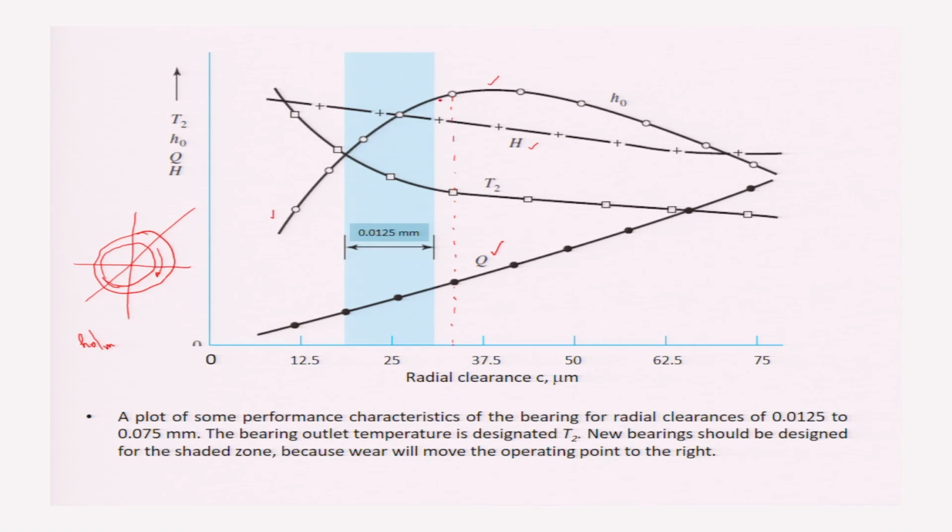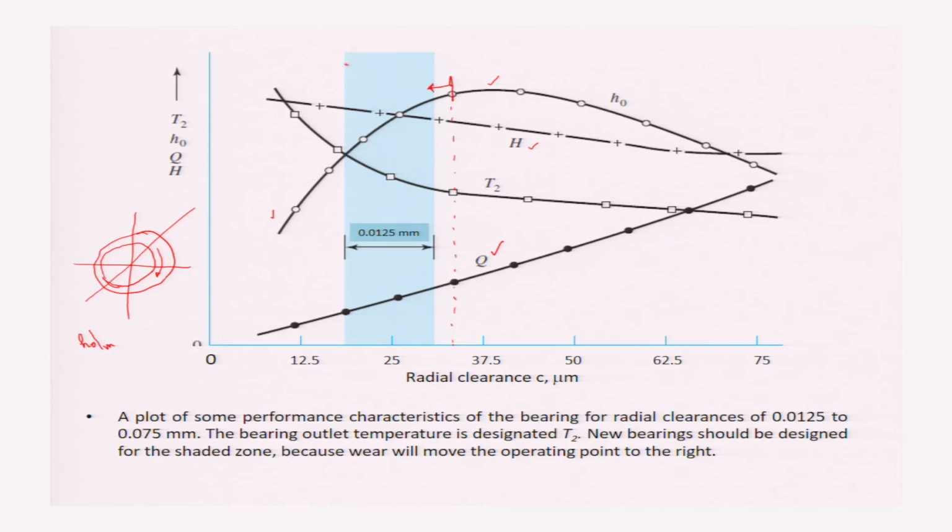So what we do is, we make the range of our operating clearance in such a way that with wear, if the clearance is increasing, we do not land in the zone where H0 starts decreasing. So our range will be to the left of this.